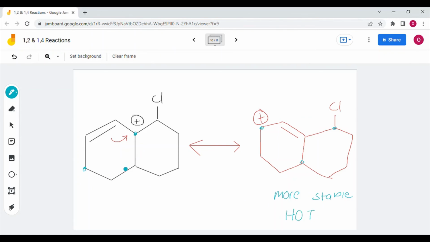Conversely, because this is the less stable product, we know that this is going to form faster, and because of that, this is going to be formed under cold conditions. So this is how you can identify which one is going to be the hot versus cold conditions.